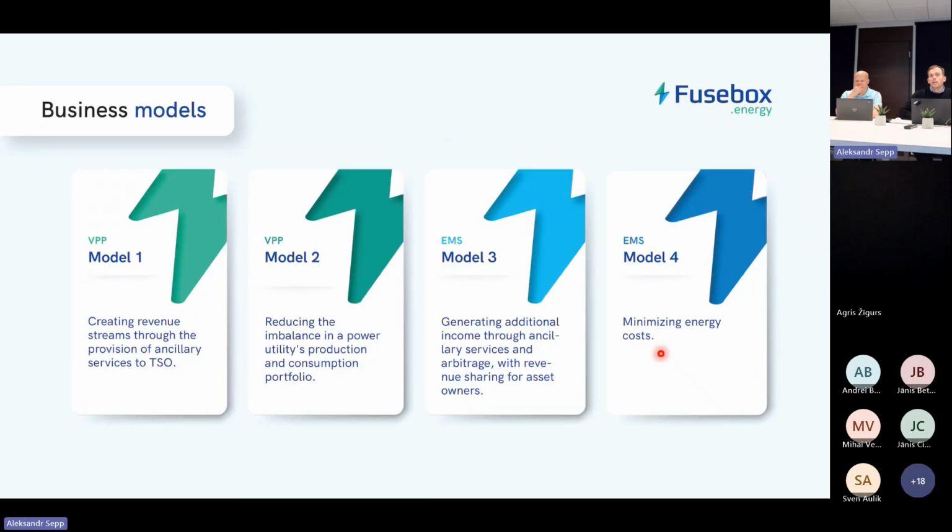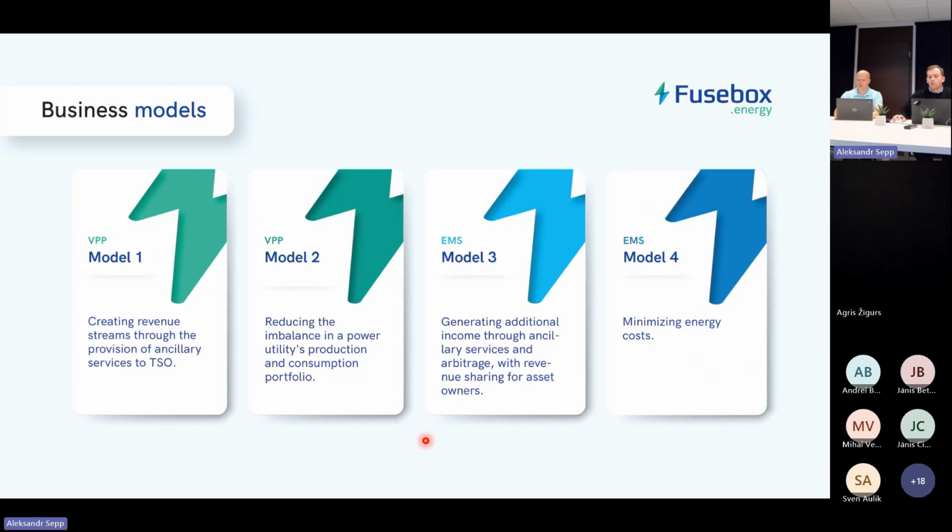So really, let's get to the different business models that we created for you. There are more of them, but we will talk about the most relevant for the market right now.